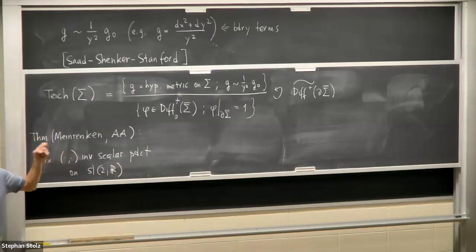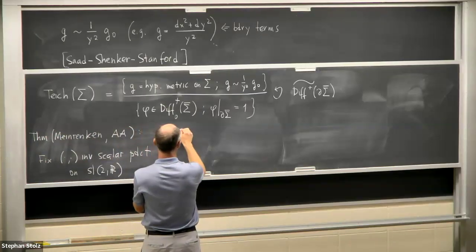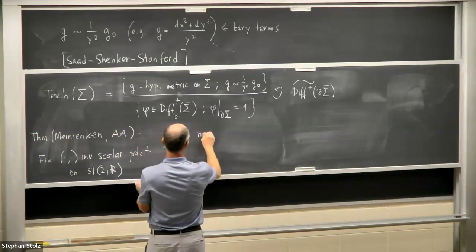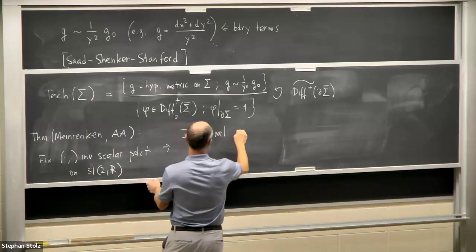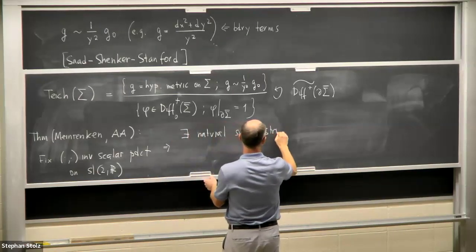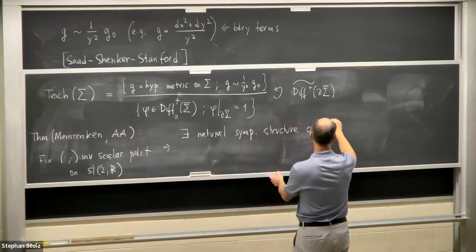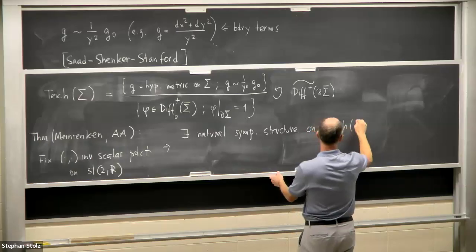Of course, all such scalar products are proportional to each other, right? So basically, that's choosing one point on a real line. So then there is a natural symplectic structure on this Teichmüller space.